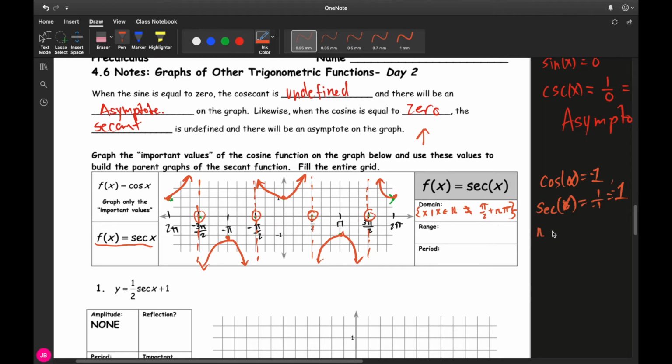Remember, n is any positive or negative integer. Integer meaning whole number.